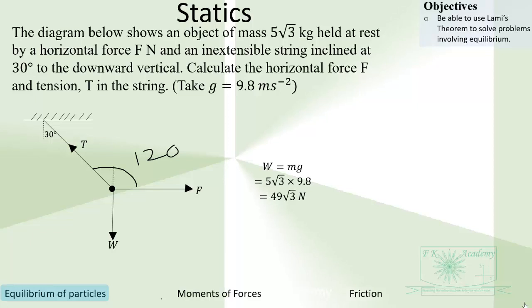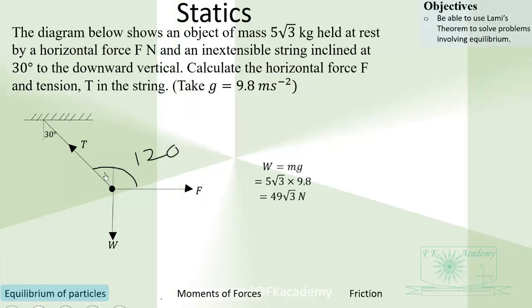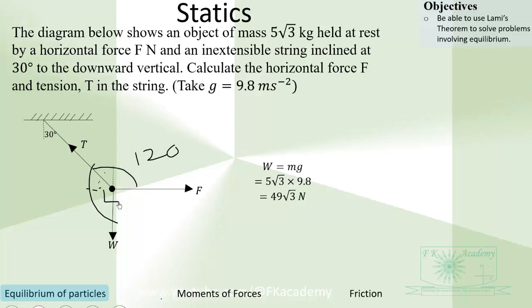So we can also calculate the force F. We know that the angle here is 30, so the one here will be 60. So we add 60 to 90, and that will give us 150 here.